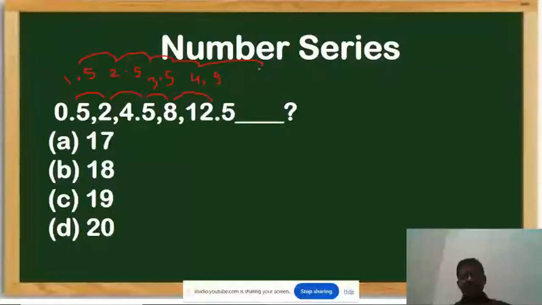The next gap in the sequence is 5.5. So 12.5 plus 5.5 is 18. Got it?